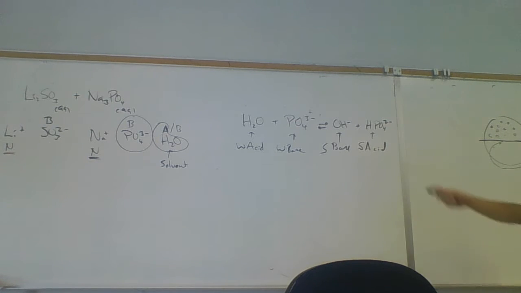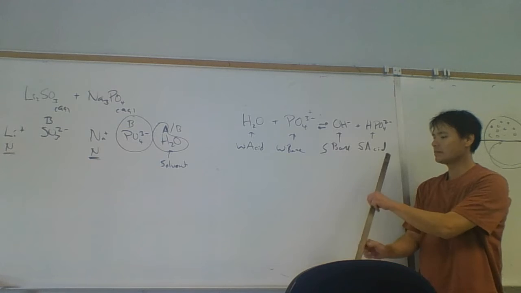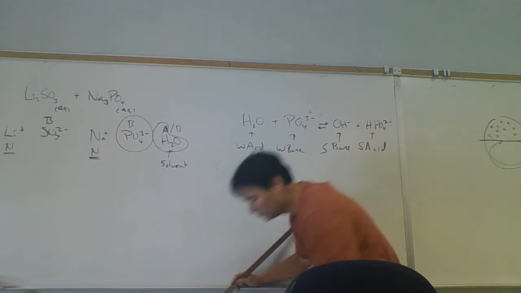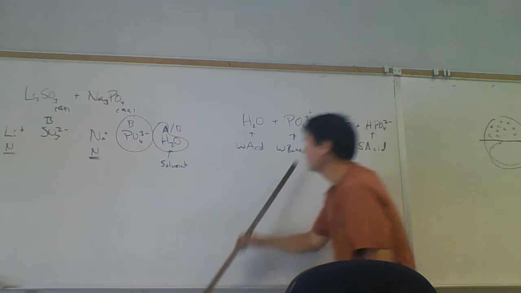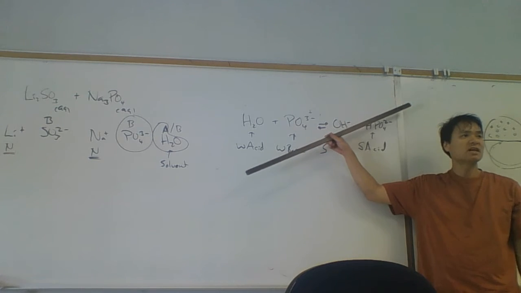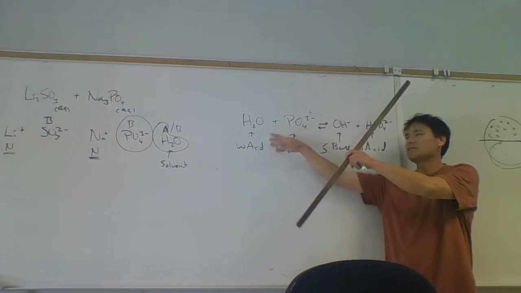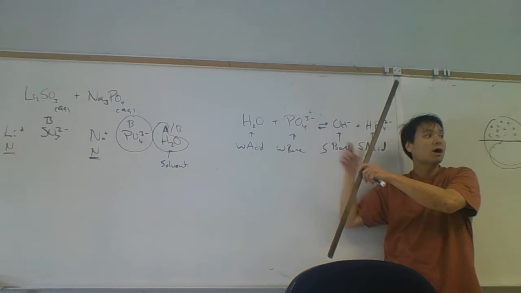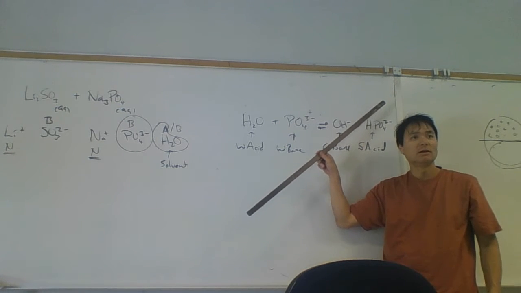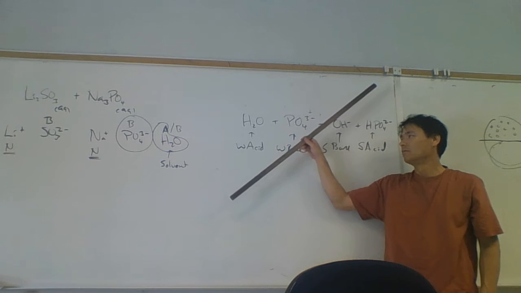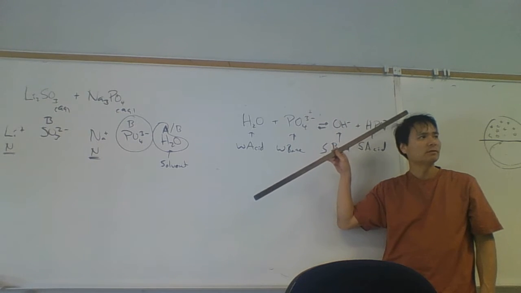And so what we see here is we're going from weaker to stronger, which means that going forward, it's uphill. And that means that it doesn't want to react. It should stay as reactants. In fact, there's no driving force. If it's going uphill, we're going from more stable to less stable. Is that favorable?